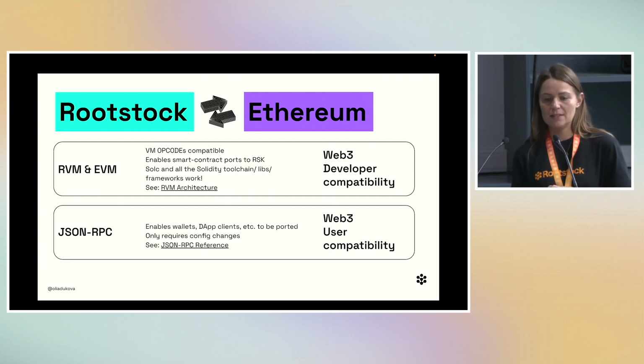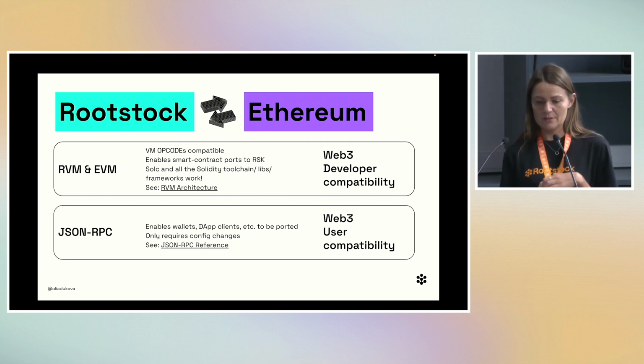Now let's have a look at the Rootstock connection with Ethereum. That's why we're here. The RVM, which stands for Rootstock Virtual Machine, uses the same opcodes as the EVM, which makes it fully EVM compatible. So all the Solidity code, all the smart contracts can be executed by the RVM. Not just can you write your smart contracts in Solidity, you can also use all the tooling that you're already used to.